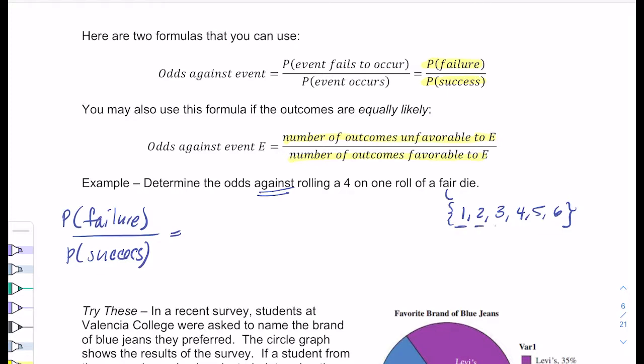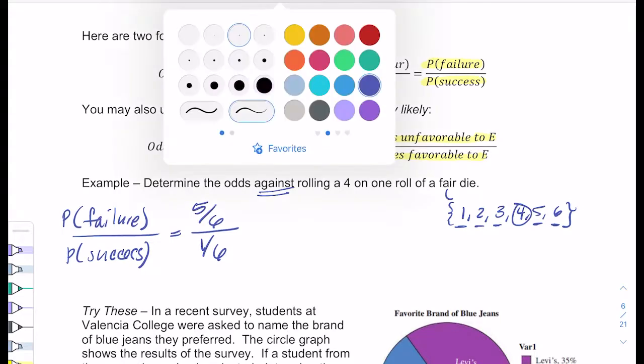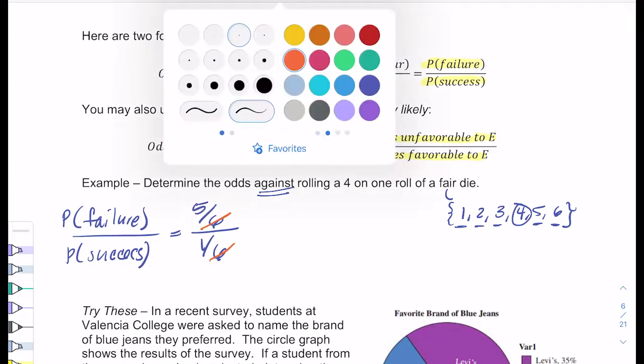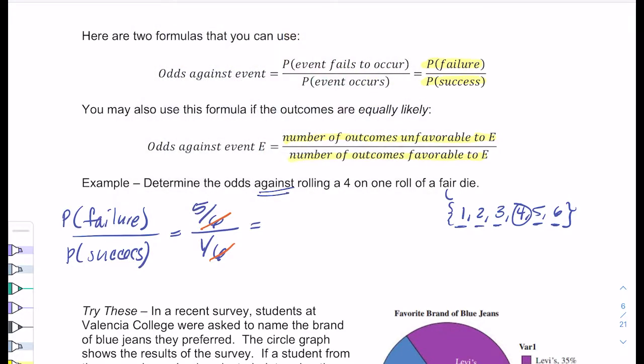So that's 5 out of 6, over the probability of success, the probability I do roll a 4. Well, there's only one 4, so that's 1/6. If I divide 5/6 by 1/6, you can use a trick where you cancel out the denominators. The 6's go away, and you're left with just 5/1.